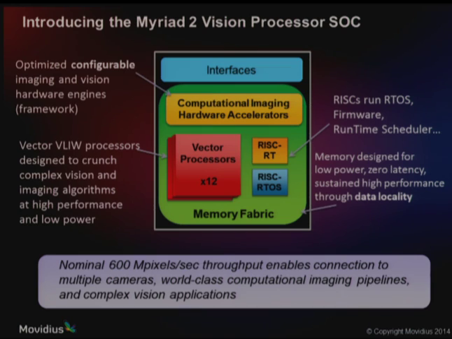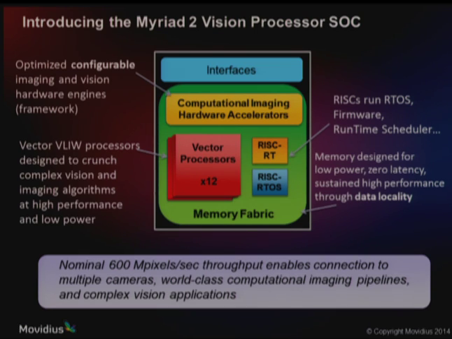The 3 fundamental elements of the system here are the vector processors, of which we have 12, computational imaging hardware accelerators, of which we have around 20, and then the most important element to tie all of that together is the memory fabric that provides very high sustained performance capability from all of those hardware elements.